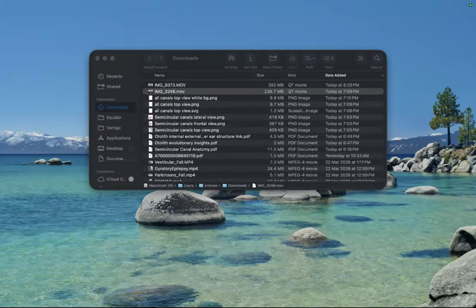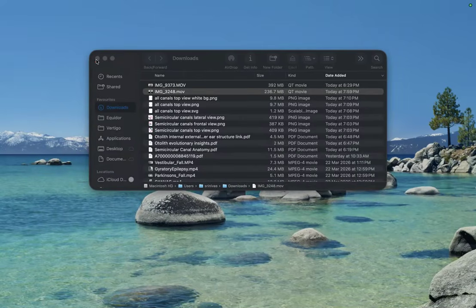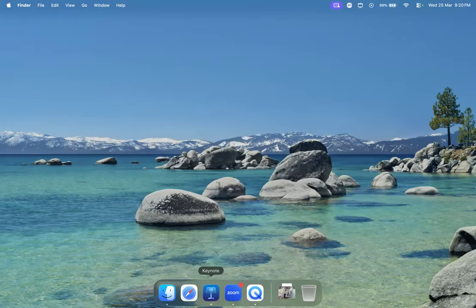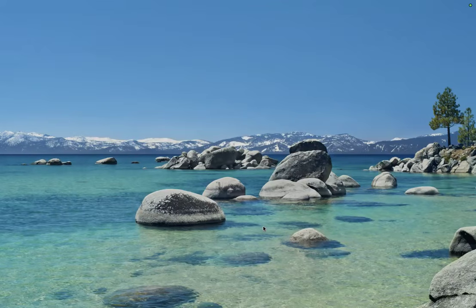So, now some difficulty in navigating between applications. Yeah.